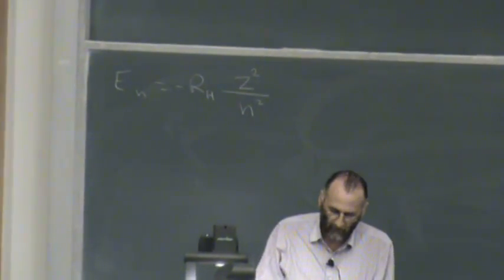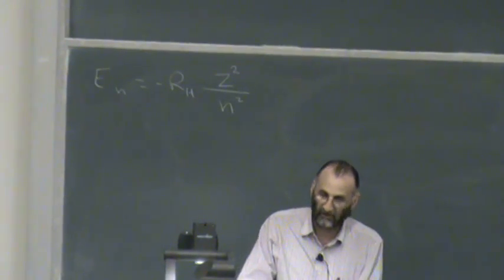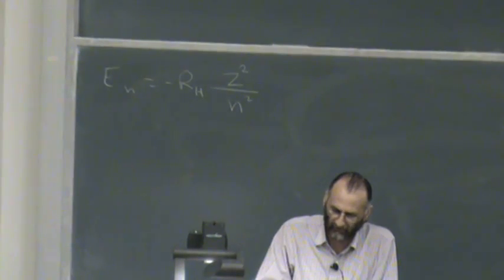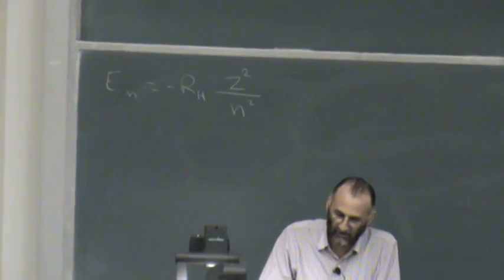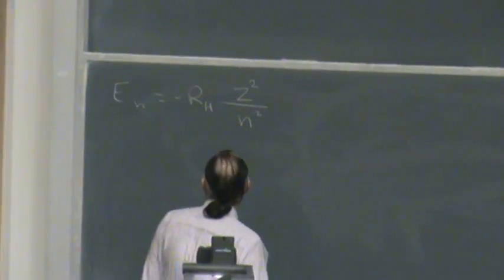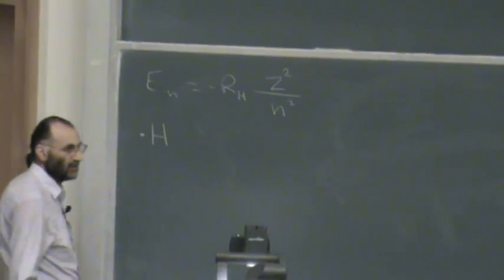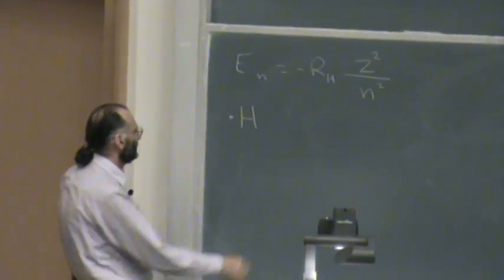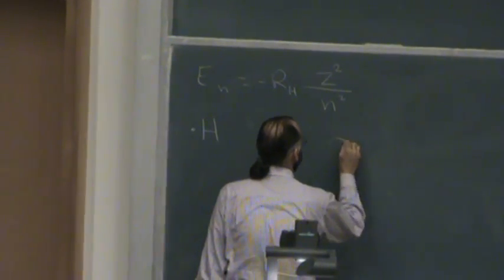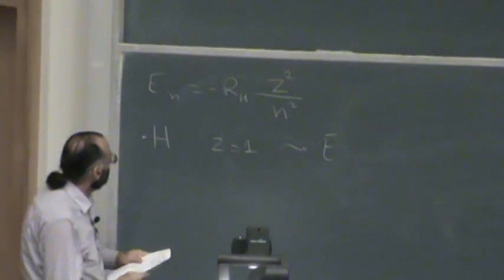So the way the problem is phrased, if we want to find out how many times one is bigger or lower than the other, we need to find each one of them and then compare them. For the hydrogen atom with 1 electron, Z is equal to 1, and this will give us the energy of hydrogen.